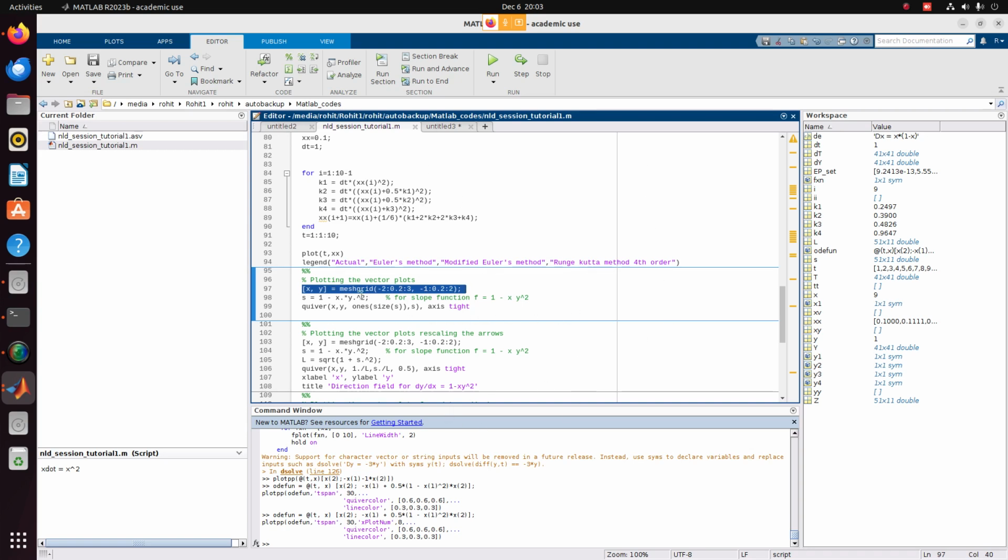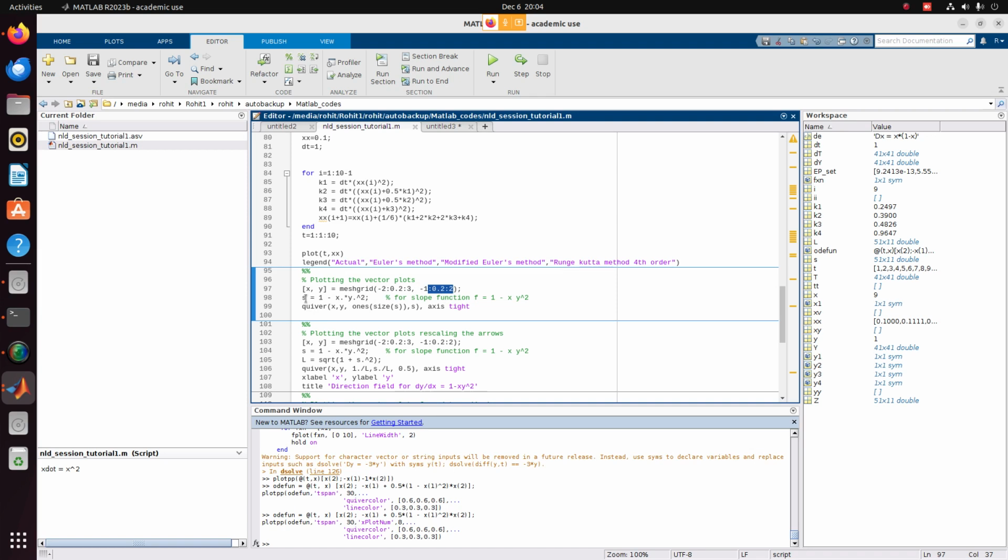You need to mention the x-axis and y-axis ranges. For an example, I have mentioned -2 to 3 for x, and -1 to 2 as the y-axis range. So it's like a graph sheet you have fixed with certain x-axis limits and y-axis limits.